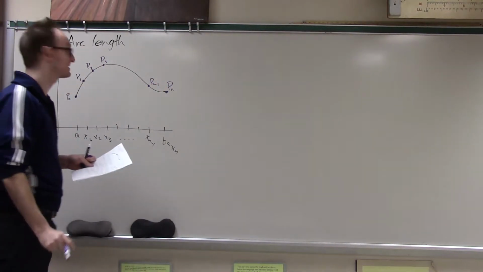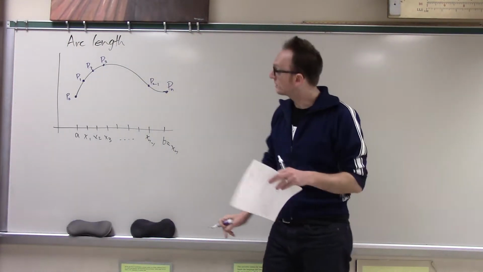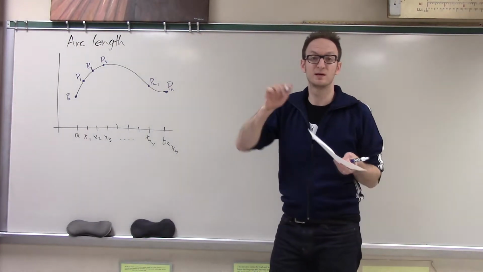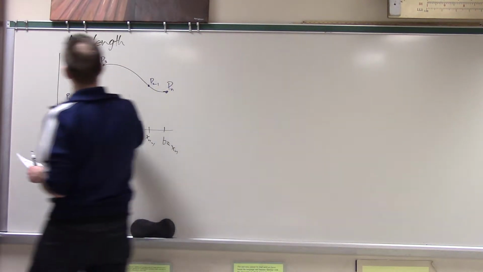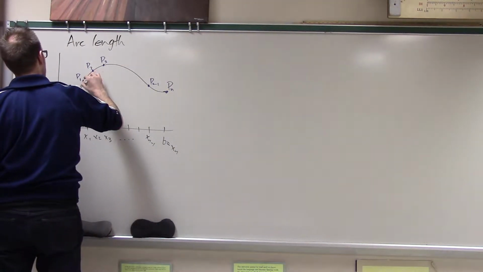If I want to know approximately the length of this curve, then I could take the sum of the lengths of all the segments connecting these. And that's going to be pretty good.